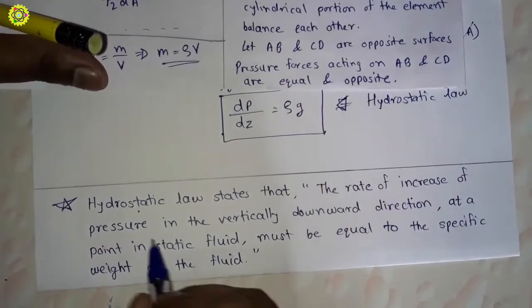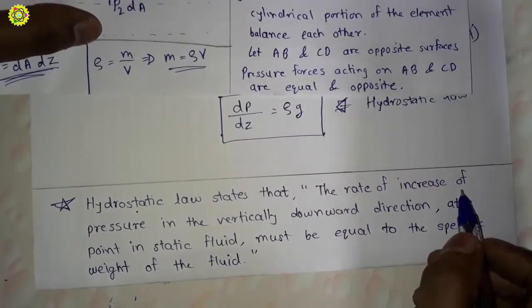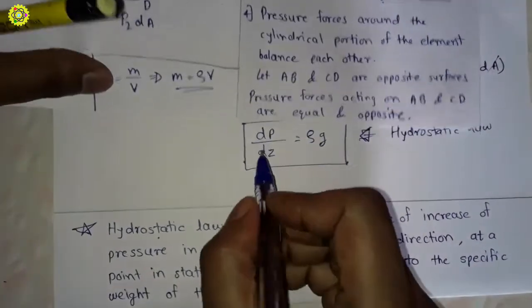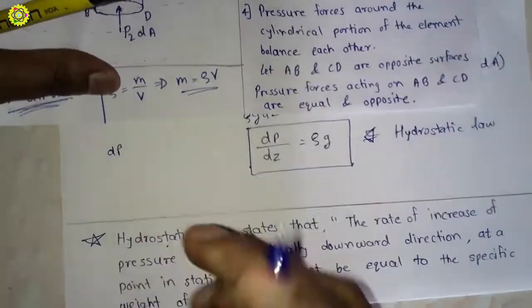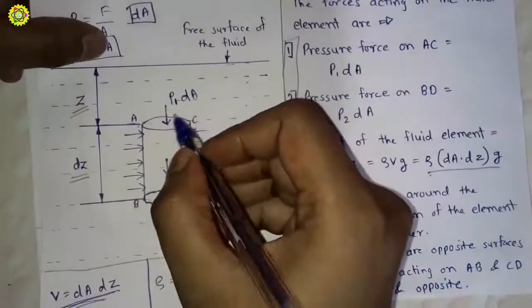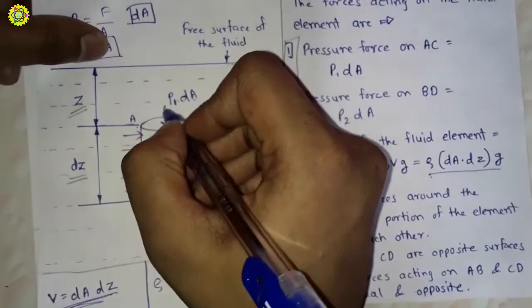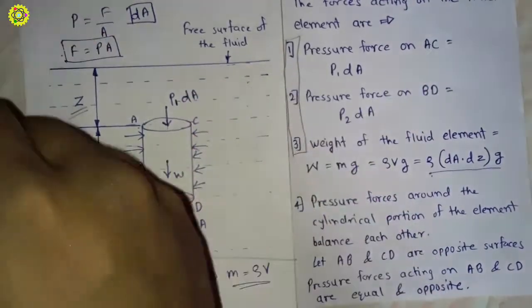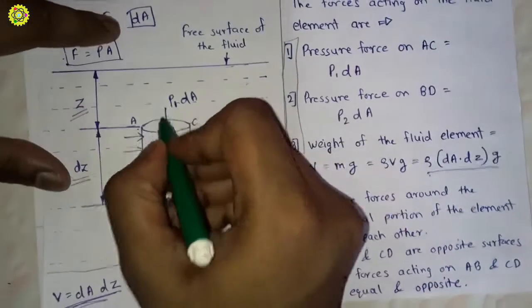So here friends, rate of increase of pressure, that is dP, in vertically downward direction, that is in this direction.